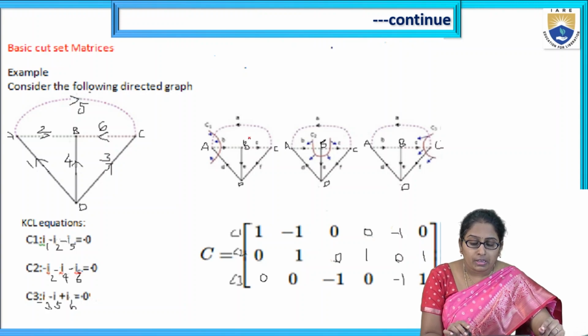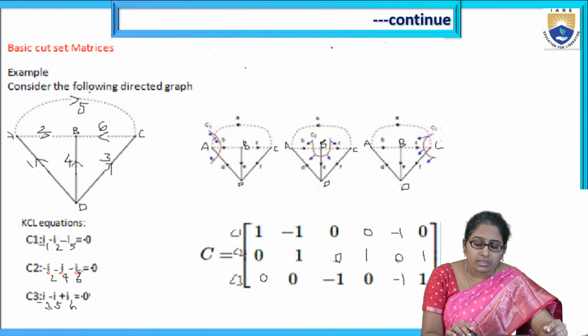So here one possible cut set I have at node A. Let us denote that with C1. If I draw C1 like this, you can see that it consists of only one branch, that is 1, and the remaining branches are the links.